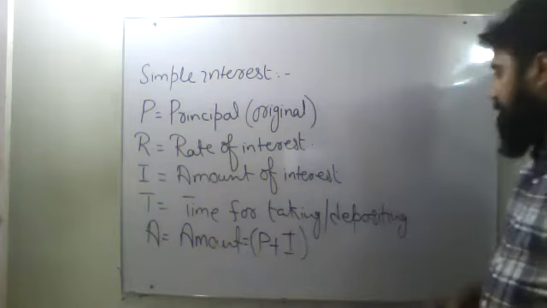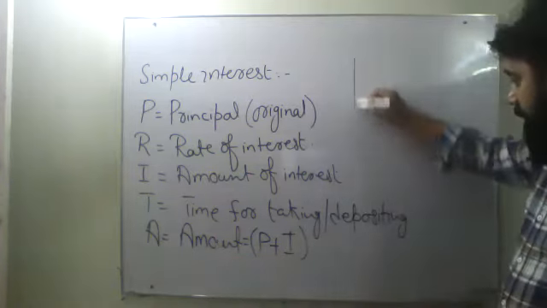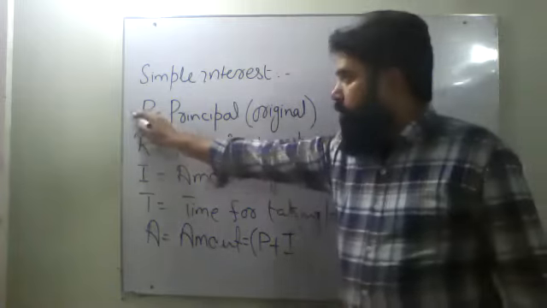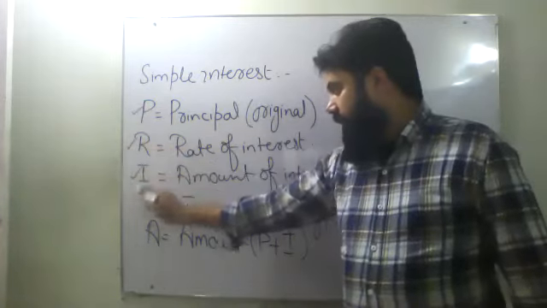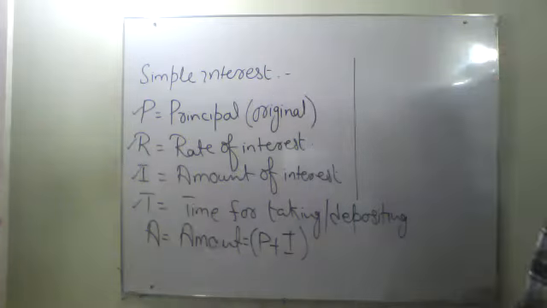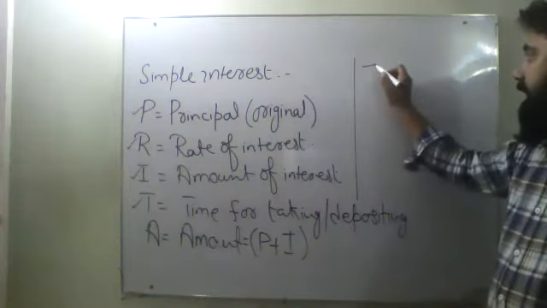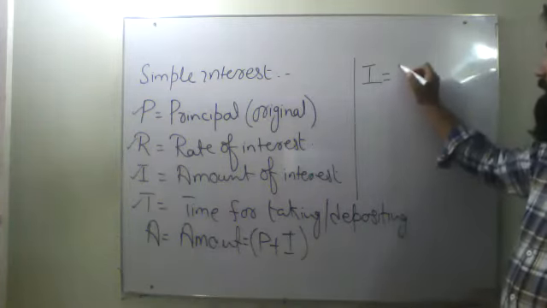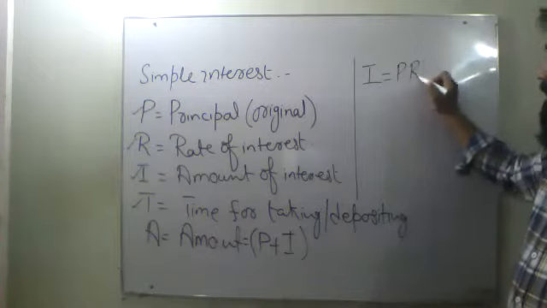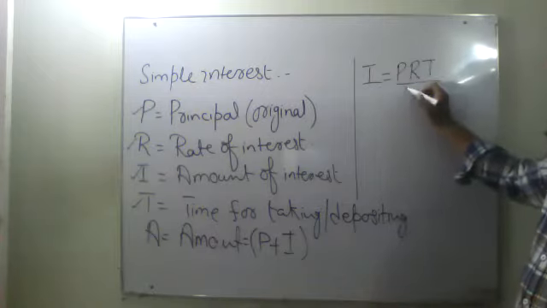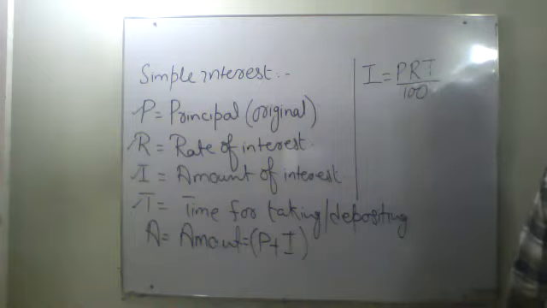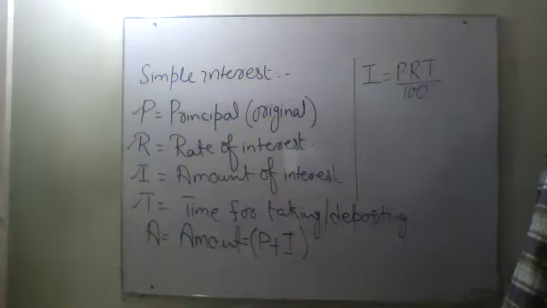Now, these four things, one, two, three, four, are being connected by a formula which is I equals PRT over 100.